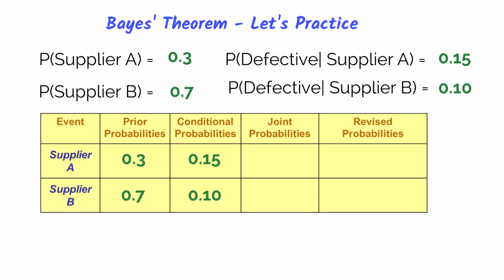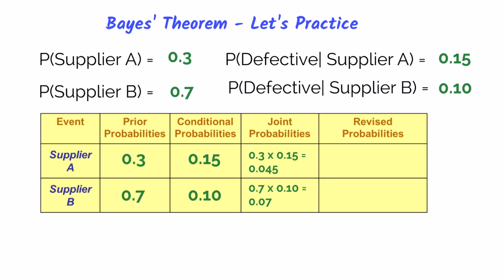First, we're going to multiply our prior probabilities for supplier A with the conditional probability of defective parts. So 0.3 times 0.15 gets us a joint probability of 0.045. We'll do the same thing now for supplier B. So 0.7 times 0.1 gives us a joint probability of 0.07 for supplier B.